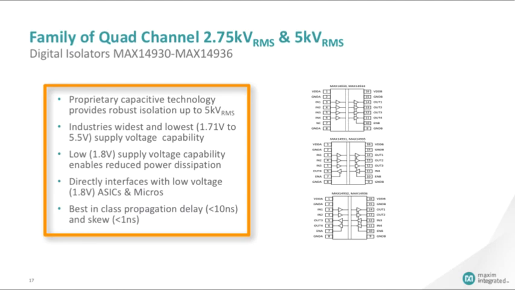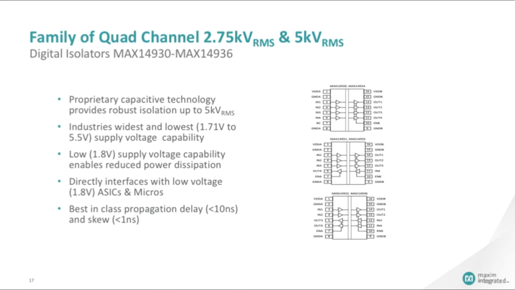Some features of these parts include high isolation voltage, up to 5 kilovolts RMS, data rates up to 150 megabits per second, wide supply voltage range, typical propagation delay of 5 nanoseconds, maximum pulse width distortion of 1 nanosecond, maximum channel-to-channel skew of 0.9 nanoseconds, and maximum part-to-part skew of 3 nanoseconds.